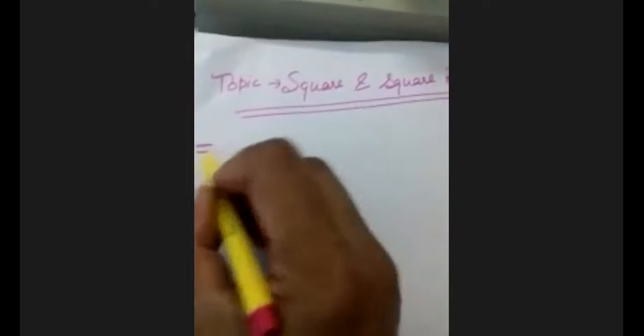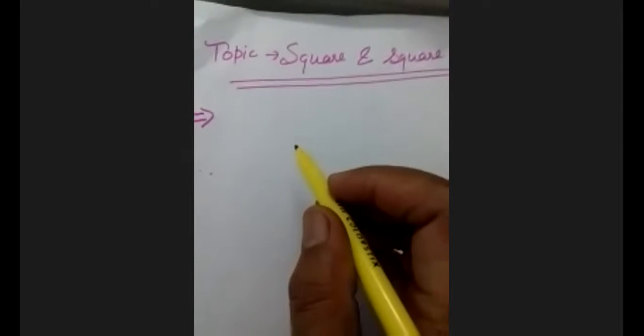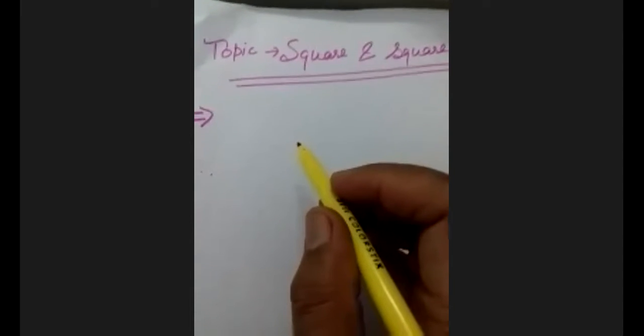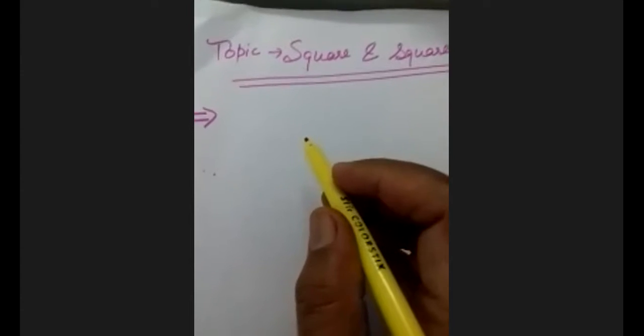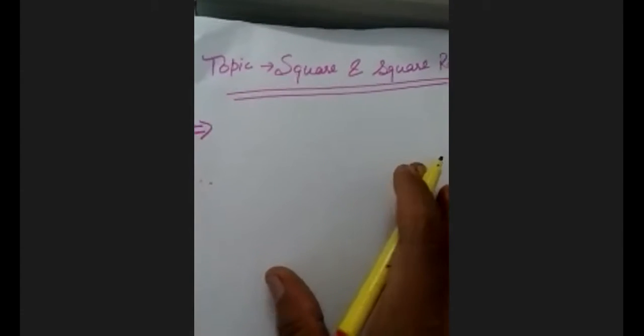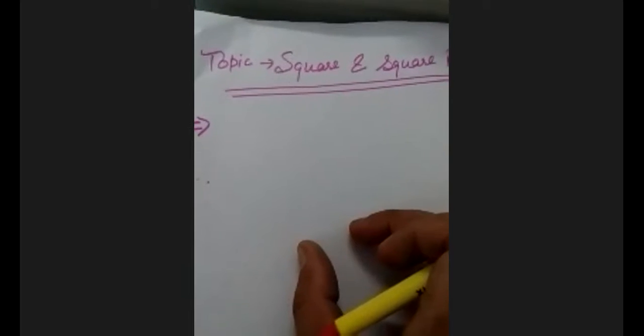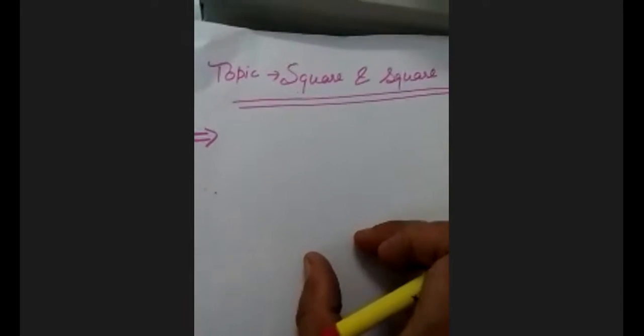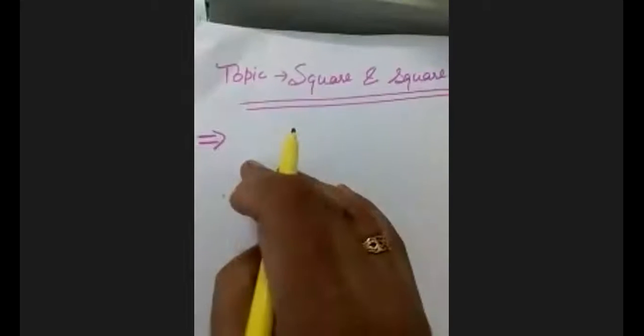Your first property is: if a number has 2, 3, 7 or 8 at its units place, it means the number is not a perfect square.